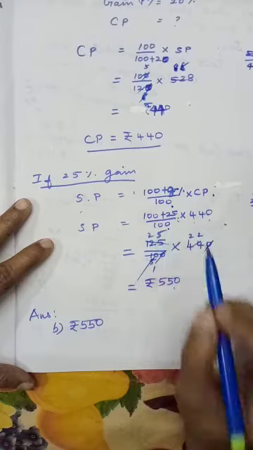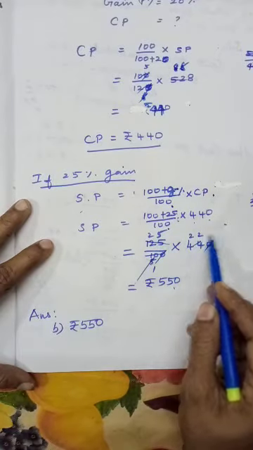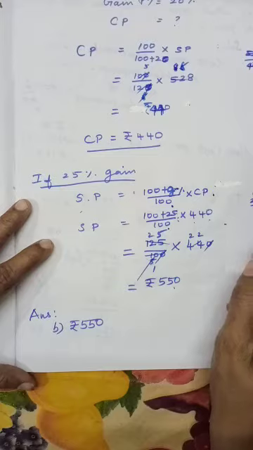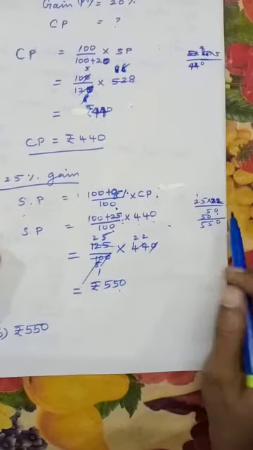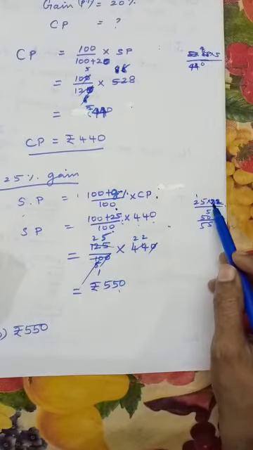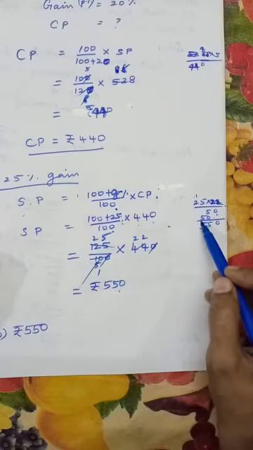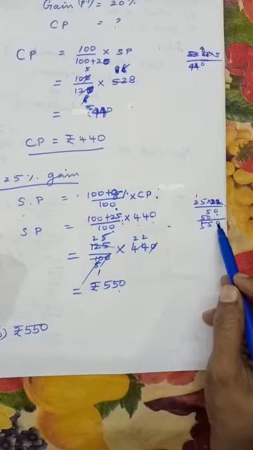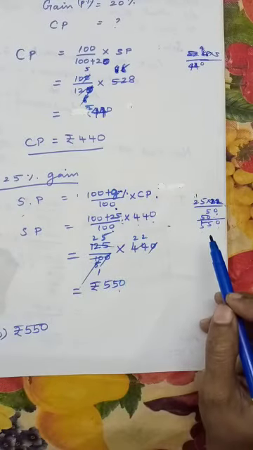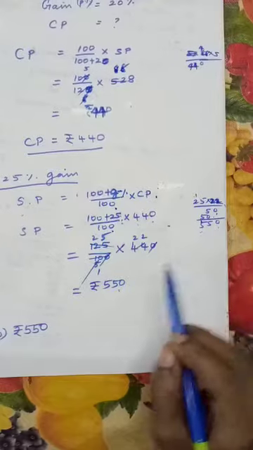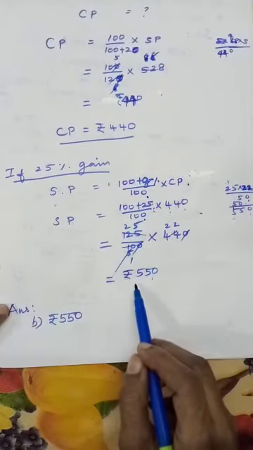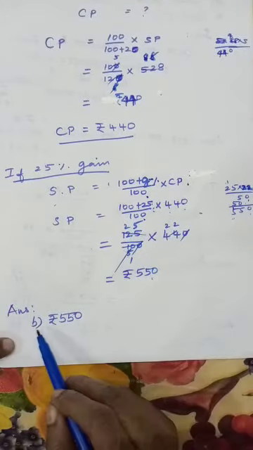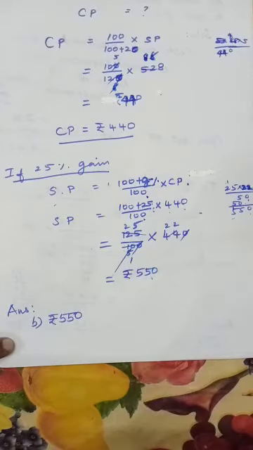Here 2 times 5 times. Okay, 25 into 22. 2 5s are 10, 0. Remainder 1. 2 2s are 4. 4 plus 1, 5. Then again 2 5s are 10. Remainder 1. 2 2s are 4. 4 plus 1, 5. So add 0, 5, 5. Now 550. So SP is equal to rupees 550. That is B is the answer, rupees 550.